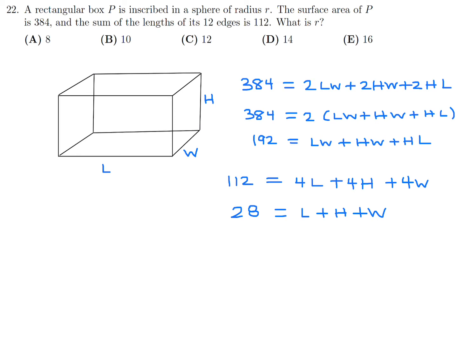Now let's talk about the sphere. There's going to be a sphere that's going to be placed in this diagram so that the rectangular box sits entirely inside of it. I'm not going to attempt to draw the sphere. I just want you to be convinced that when you inscribe this box inside the sphere, the vertices will touch the sphere.